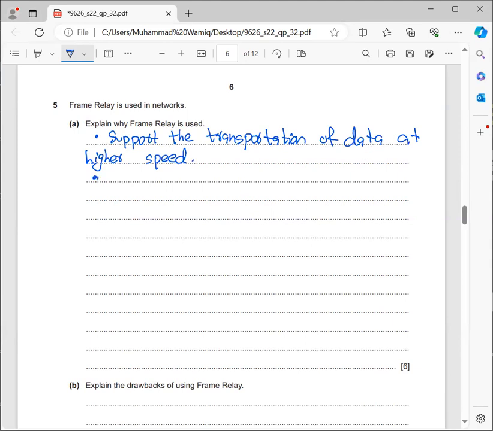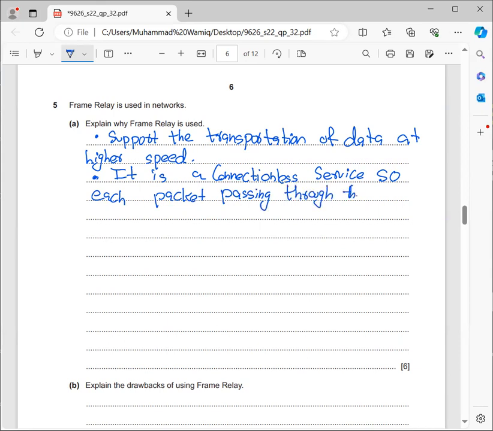Another point you can write is that it is basically a connectionless service, so each packet passing through the network contains addresses.